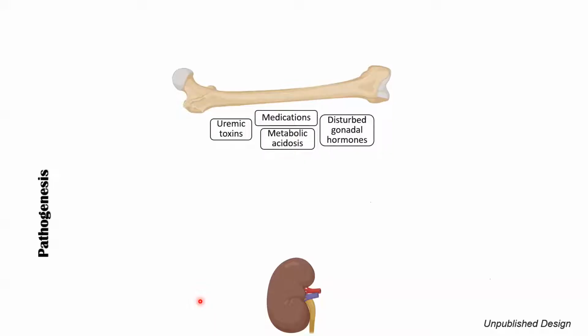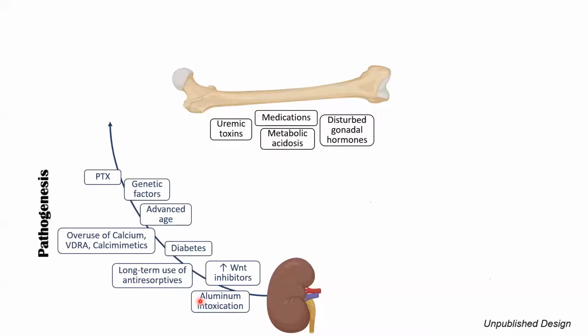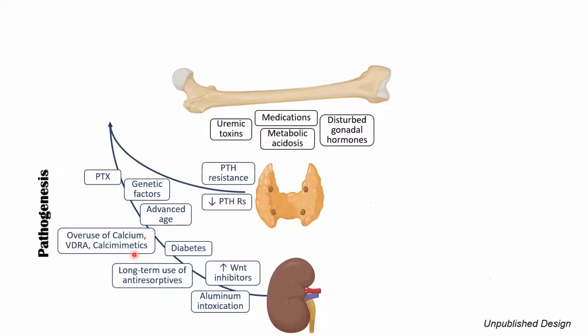in kidney transplant patients. On one side, there are many factors which could lead to low turnover bone disease, beginning with advanced age of our patients, presence of diabetes, overuse of calcium, VDRAs, and calcimimetics, or aluminum intoxication.